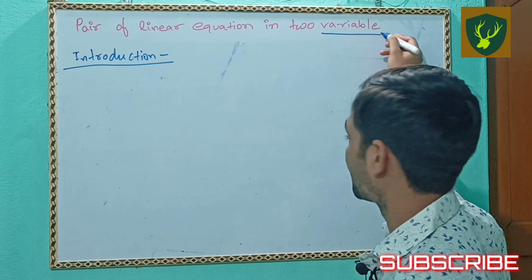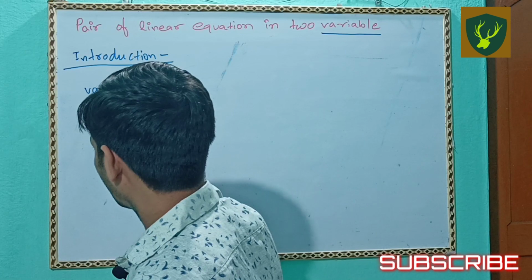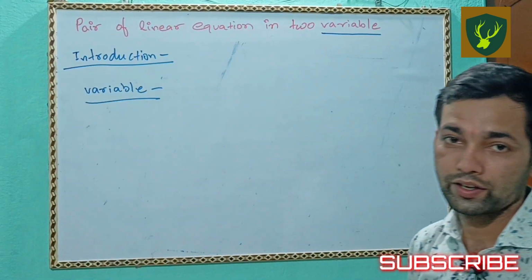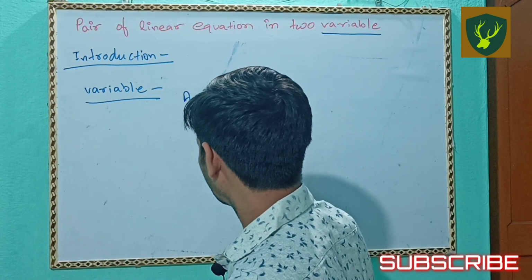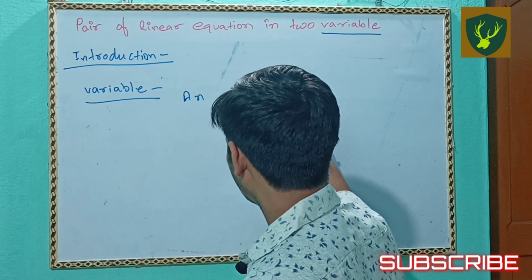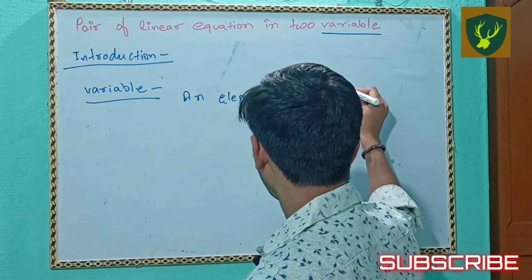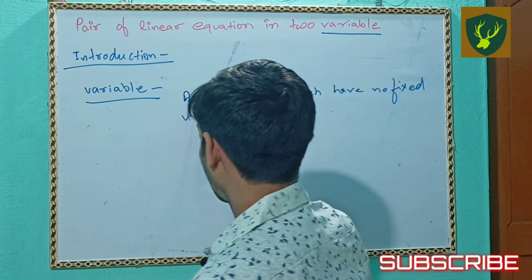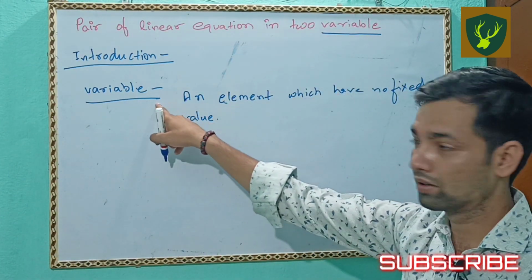What is the meaning of variable? What do you mean by a variable? A variable means an element which has no fixed value.